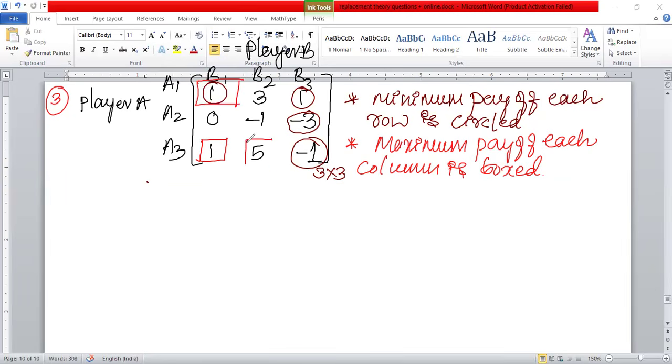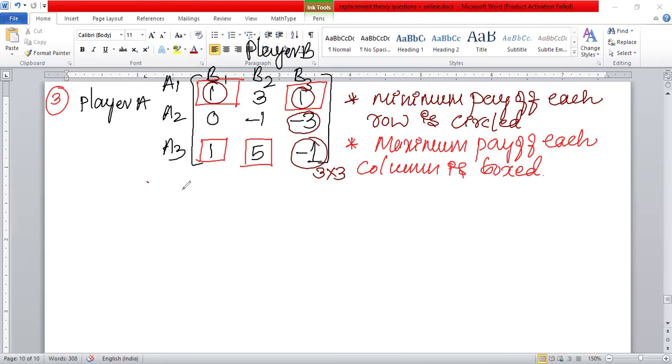Next maximum is 5, and here also there is a 5. Note that surprisingly we got 2 numbers, that is 1, 2 times, where we got circle as well as box.